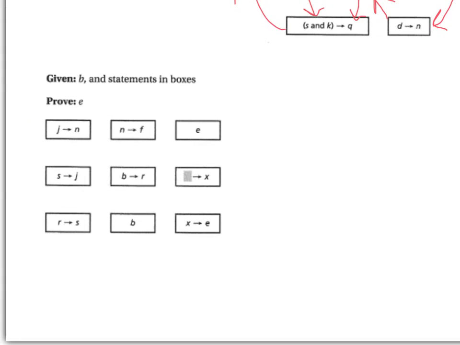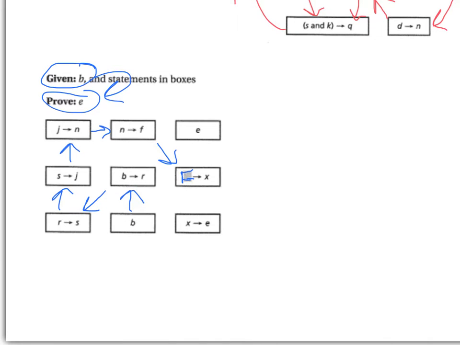The next one we had on this page was given B, prove E. So we're going to go from box to box till we get to E. We start with B, find the other box with the B in it, which takes us to R. From R, find the other box with R, S, to J, to N, to F. Now notice I don't have an F, but I have an empty spot right here, which is my F. To X, X to E, and then E back to the top.